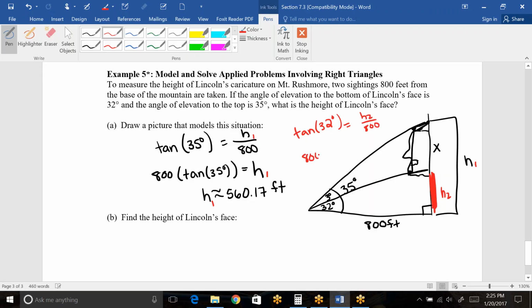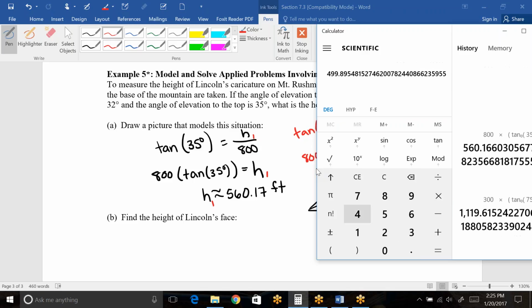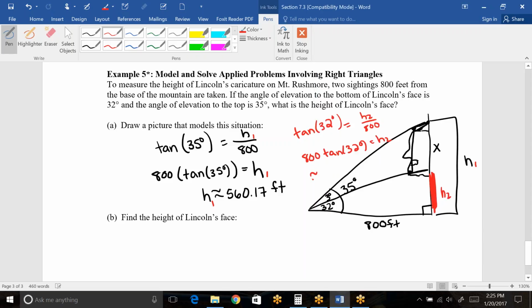So that's 800 times tangent of 32 degrees. And if we work that out on our calculator, 800 times tangent of 32 degrees is 499.90, because that would round up. 0.90 feet.